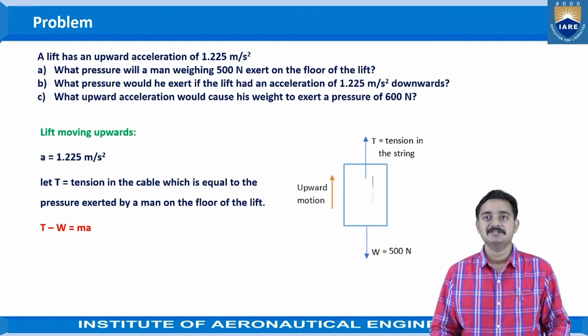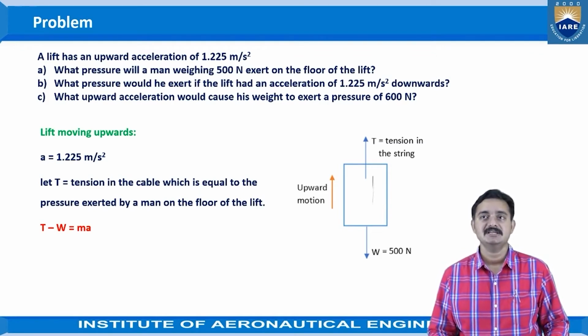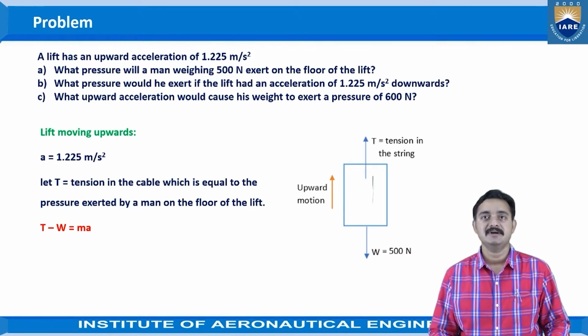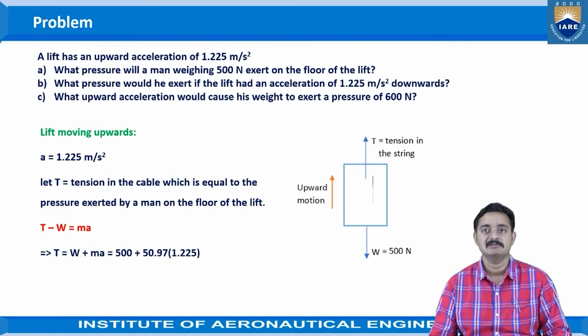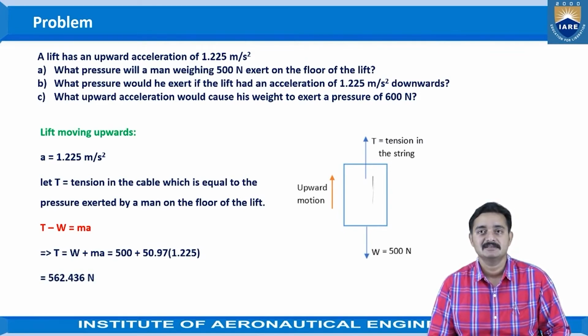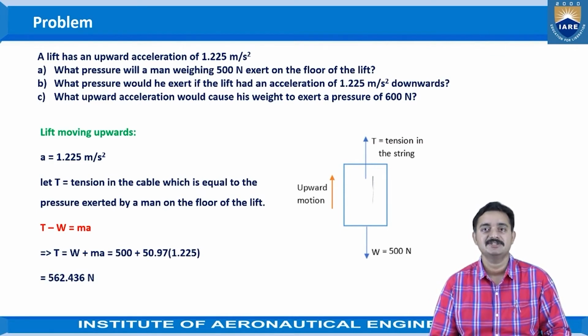Now the ultimate equation we do have is the change in the force, that is resultant force T minus W is equal to MA. When we solve the equation, T is equal to W plus MA, that is equal to 500 plus 50.97 into 1.225. So the answer of the tension would be 562.436 newtons, right?